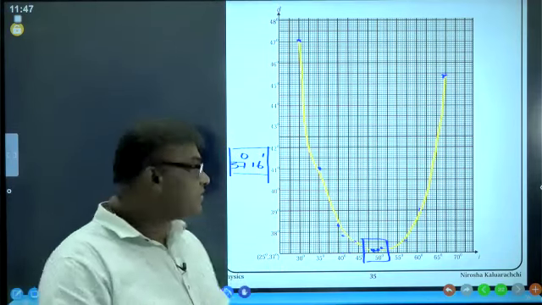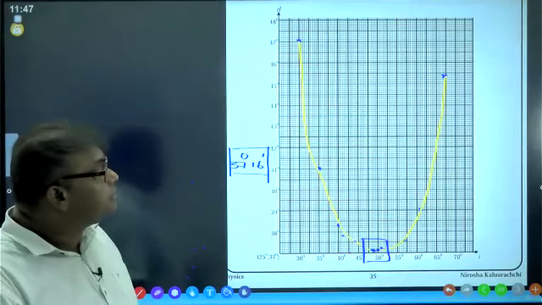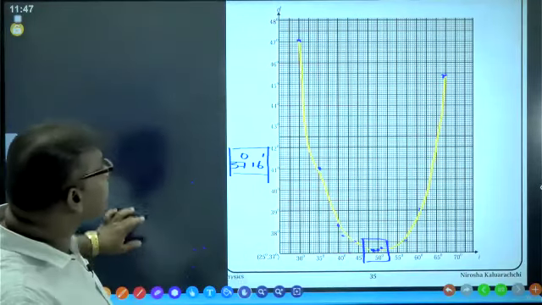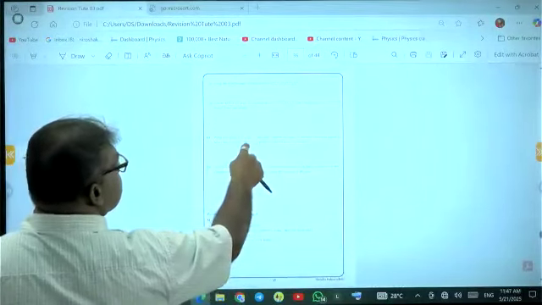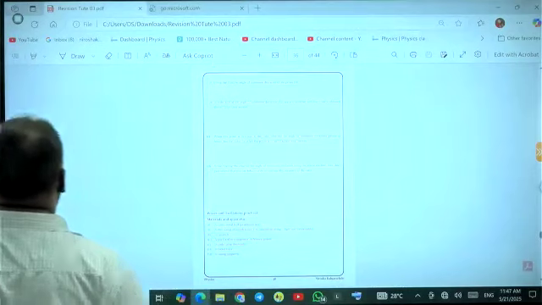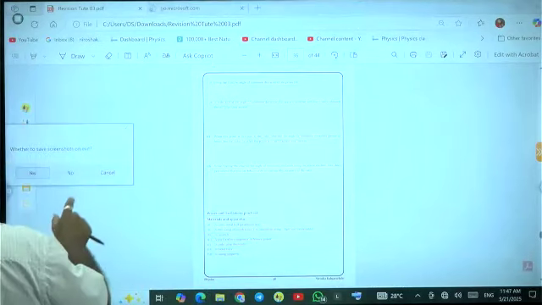Give your answer. Write the answer. Minimum deviation nearby angle is 37 degree.